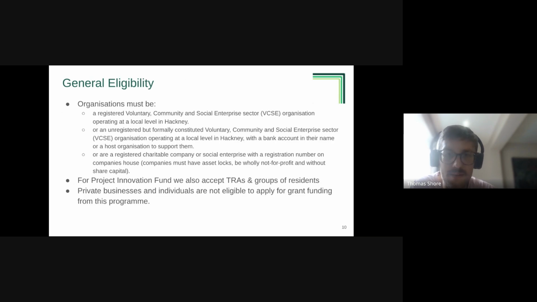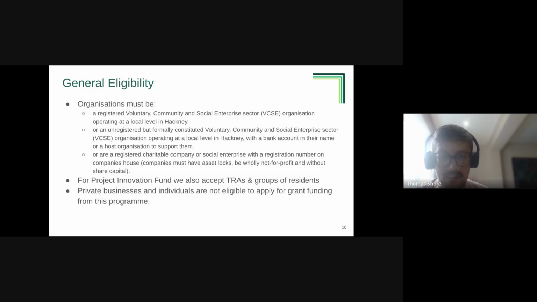General eligibility criteria have remained the same as previous years, namely organisations must be a registered voluntary community and social enterprise organisation operating at a local level in Hackney, or they can be an unregistered but formally constituted voluntary community and social enterprise sector organisation operating in Hackney with a bank account in their name or a host organisation to support them.